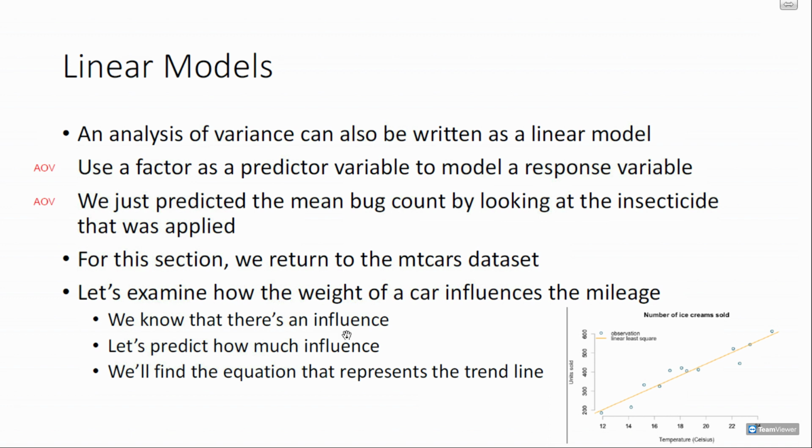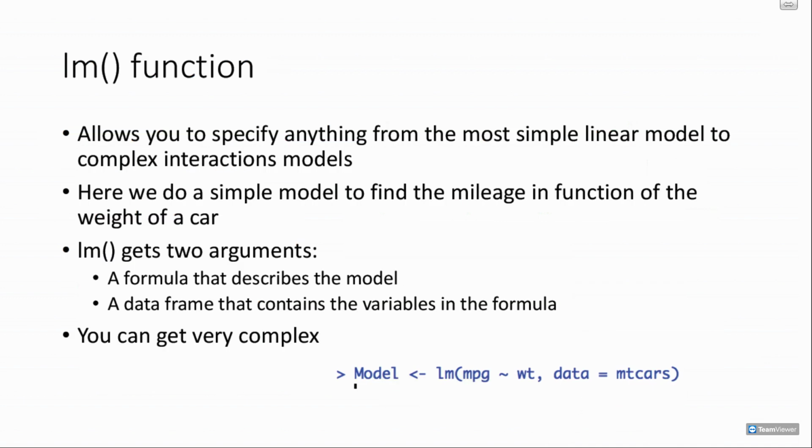In this example, we are just using the weight, which is a numerical continuous variable, to predict the car mileage. We know from our previous models and sessions that the car mileage depends on the weight of the car, but we have to predict how much influence that is using these linear models.